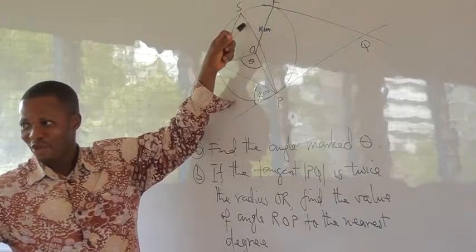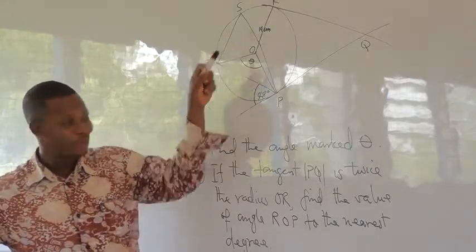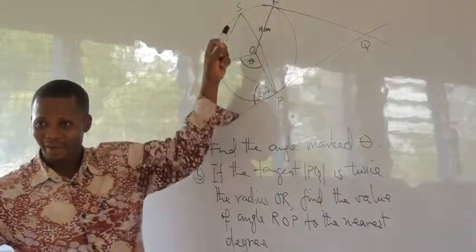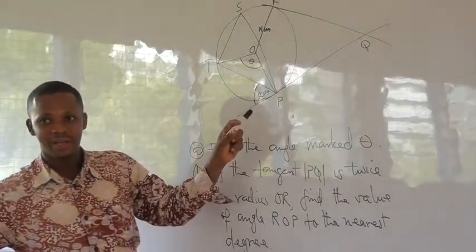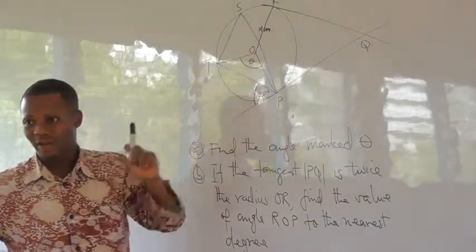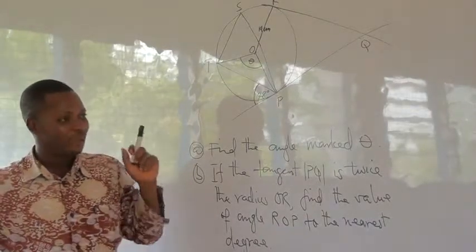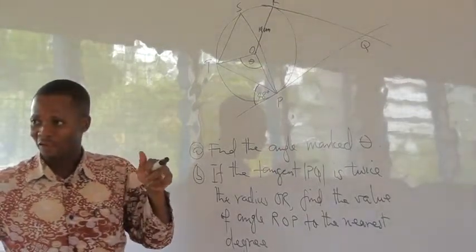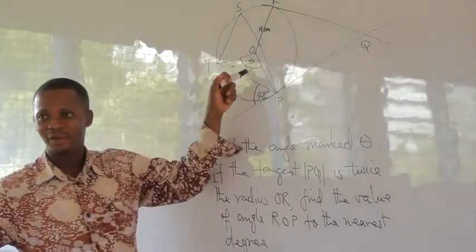And then you use theorem 2 to get this one. So theorem 7 will give you the admonition that you need to work out theorem 2, so that you can find theta. So when you are presenting, your presentation should begin with the application of theorem 7 and end with the application of theorem 2.